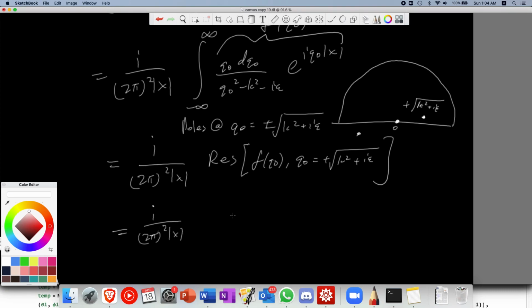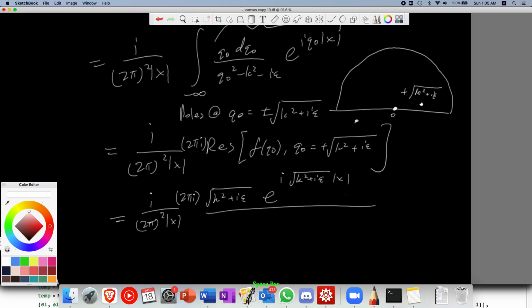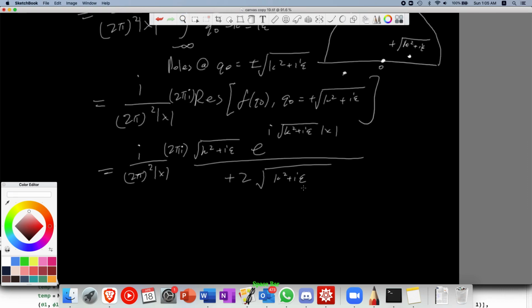So it's just square root of k squared plus I epsilon, then we have e to the power of I square root of k squared plus I epsilon x over, so we have 2 pi I here, of course, nearly forgot. Then in the denominator we have plus 2 square root of k squared plus I epsilon. Yes, because that will be correct.